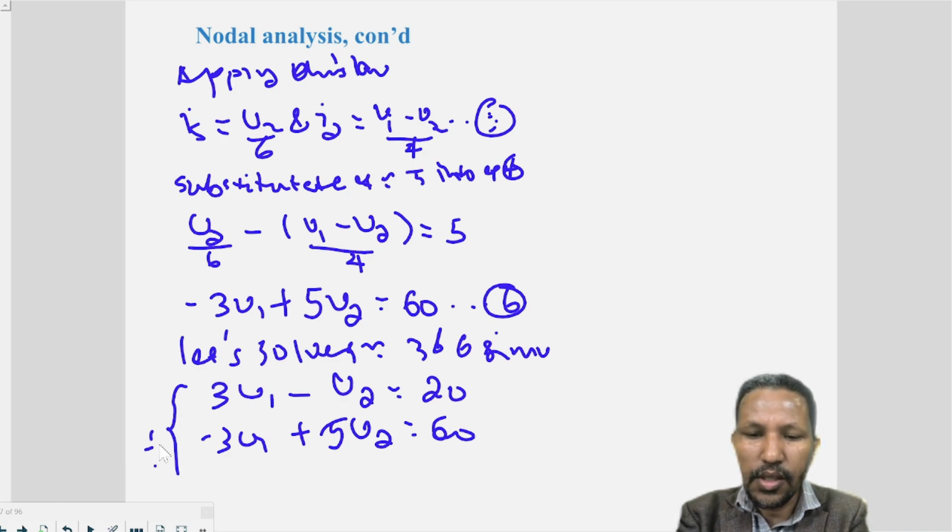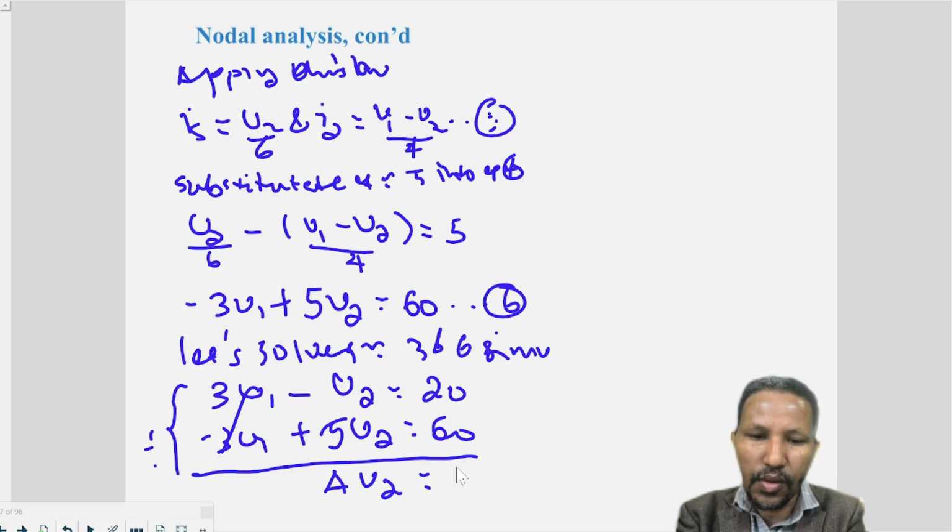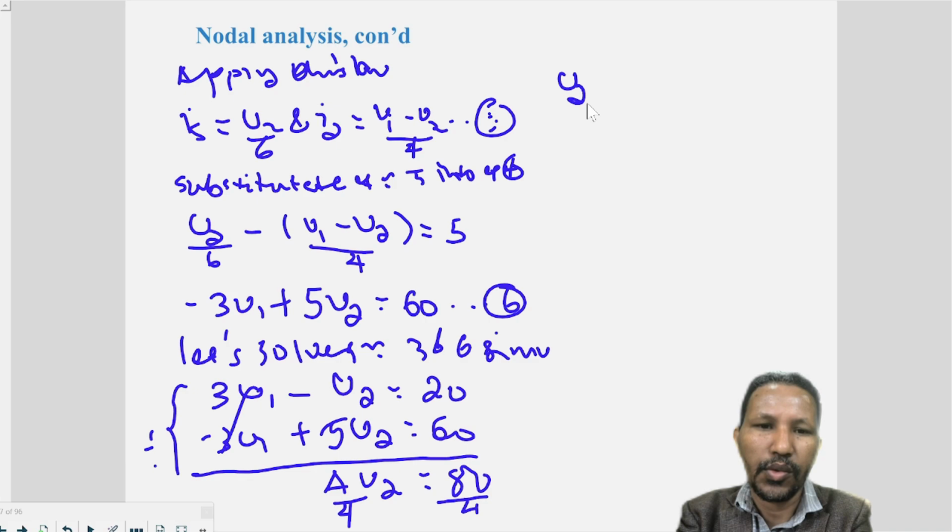Let's add them together. The 3V1 terms cancel, so 4V2 equals 80, so V2 equals 20 volt.